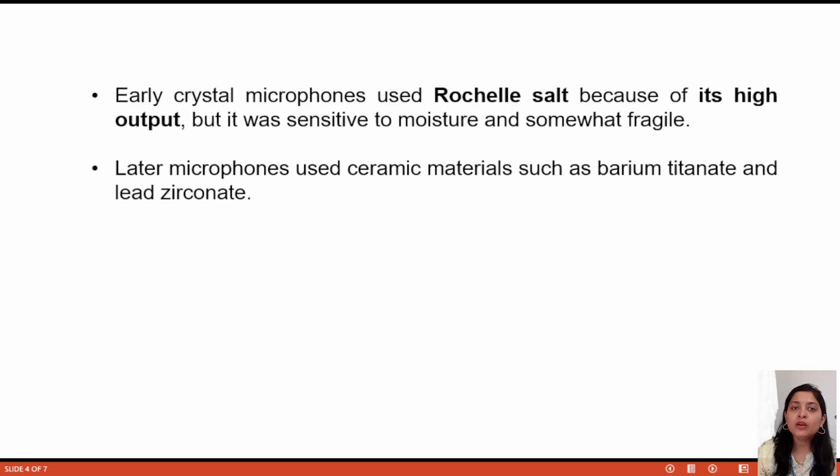Early on, Rochelle salt crystal was used because of its high output, but it is very sensitive to moisture and very fragile. Later, ceramic materials such as barium titanate and lead zirconate were used for this purpose.